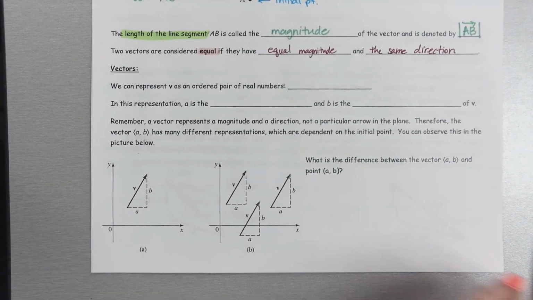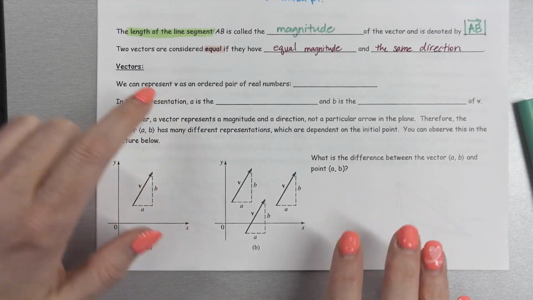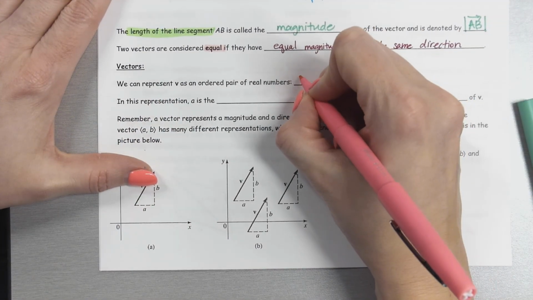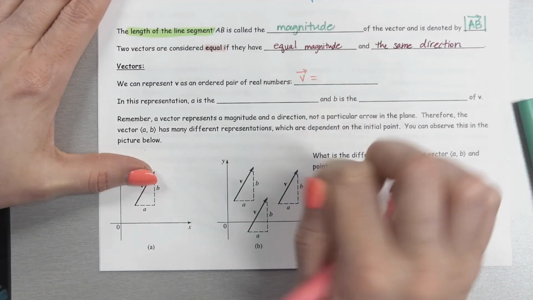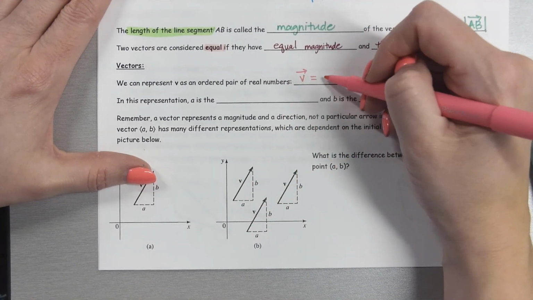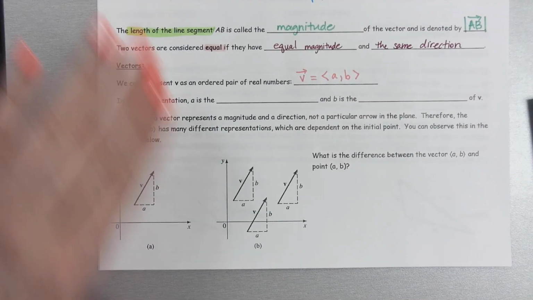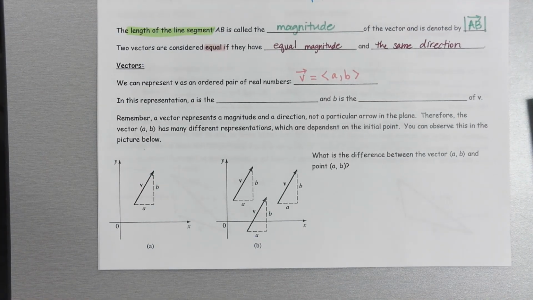When you are representing your vector, you're going to use some special symbols. So we can represent the vector v as an ordered pair of real numbers. This is how we write the notation for the vector. You can let me know if you've seen this before. I call them arrow brackets. It really is a less than sign and a greater than sign.